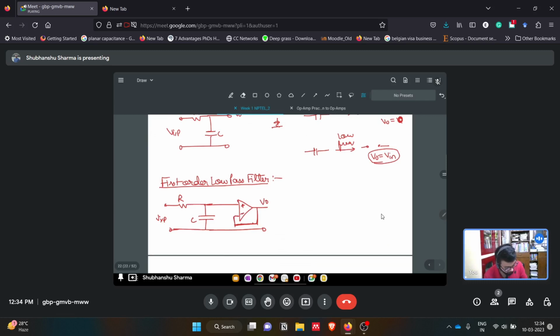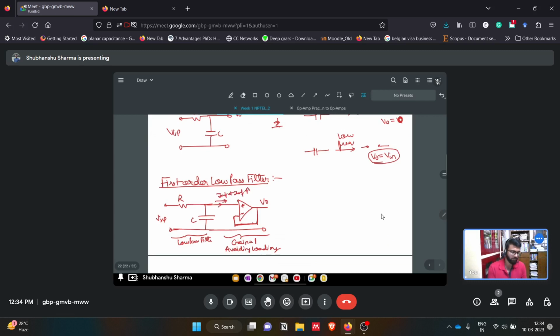So this is acting as the low pass filter, and the op amp is providing a gain of 1, but at the same time it is avoiding loading, because the input impedance of the op amp is very high.